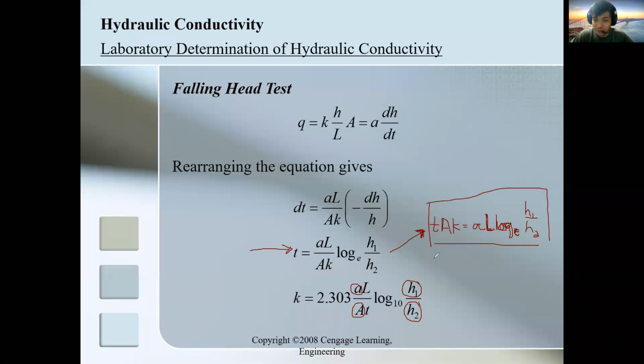So other formulas presented in the book, aside from log sub E, you can represent this log sub E as ln, ln H1 over H2.